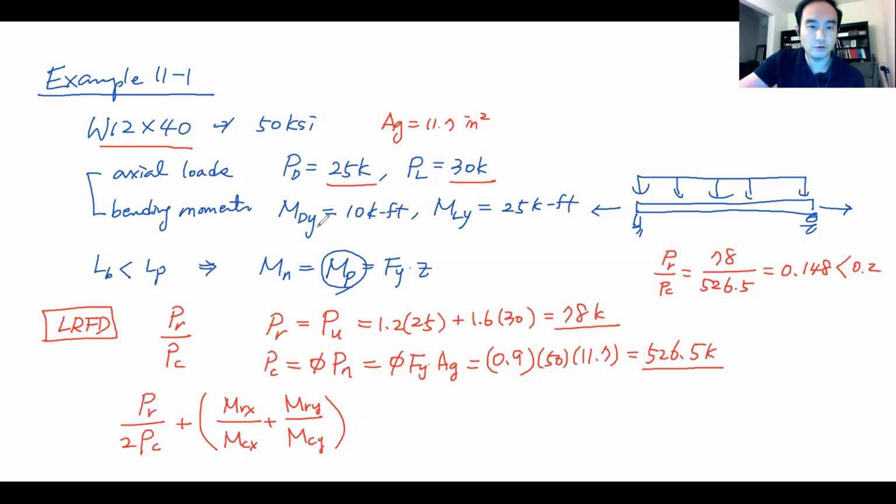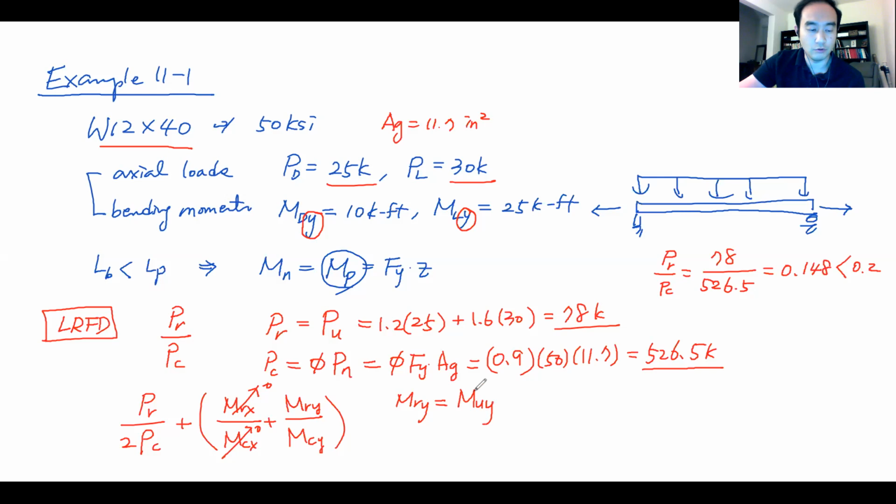In this case, we do have the moment about y-axis only, so the x-term is automatically going to be 0, right? So let's calculate MRY and MCY. So MRY is simply MU about y-axis.